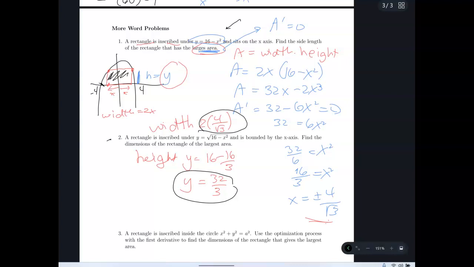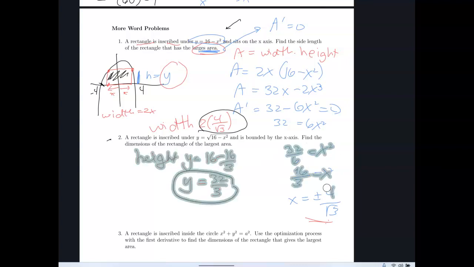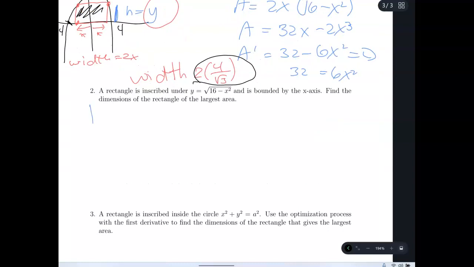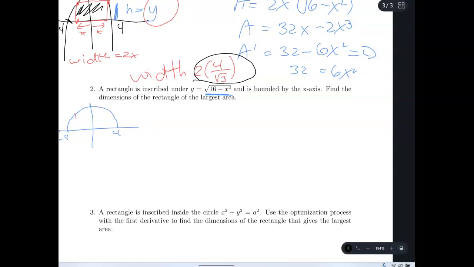Okay, this one here is much more challenging. So let's just be careful with the algebra because that's what makes it more challenging, not necessarily the problem. So this is saying underneath here, between -4 and 4, right, because you know that's a half circle with radius 4, I want to find the rectangle that's inscribed, so very similar, right?